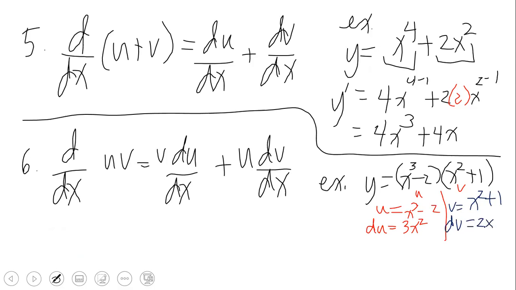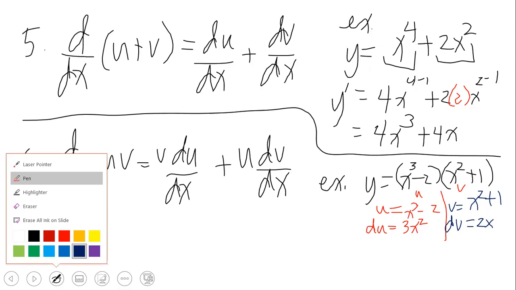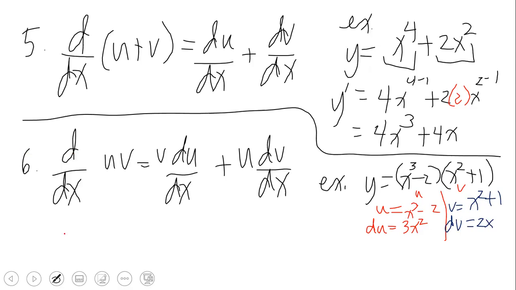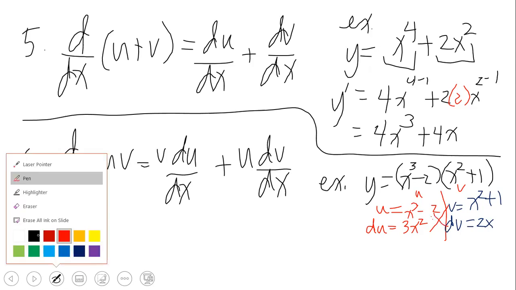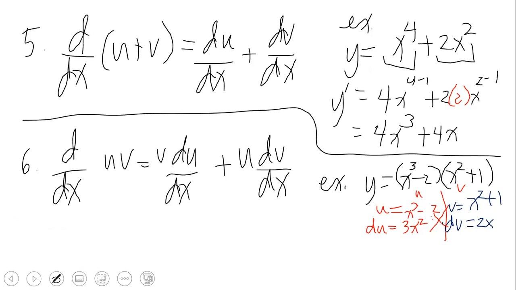Now we apply the product rule, which is v times the derivative of u plus u times the derivative of v. As a shortcut, we cross multiply: u times dv plus v times du.